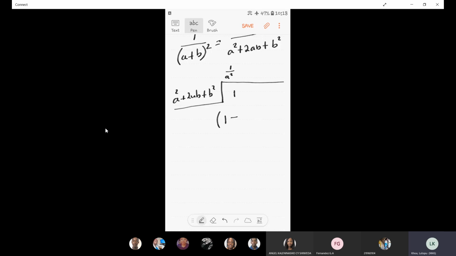So this is 2, which is in the numerator. There is no a in the numerator anymore, but I have b over a. So what I'm doing is 2ab times 1 over a squared. So this cancels a, that is 1, so I have 2b over a. So that's how I got that one.